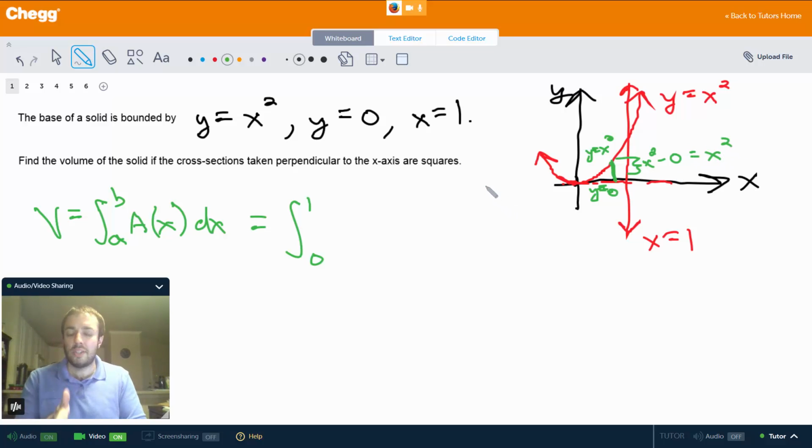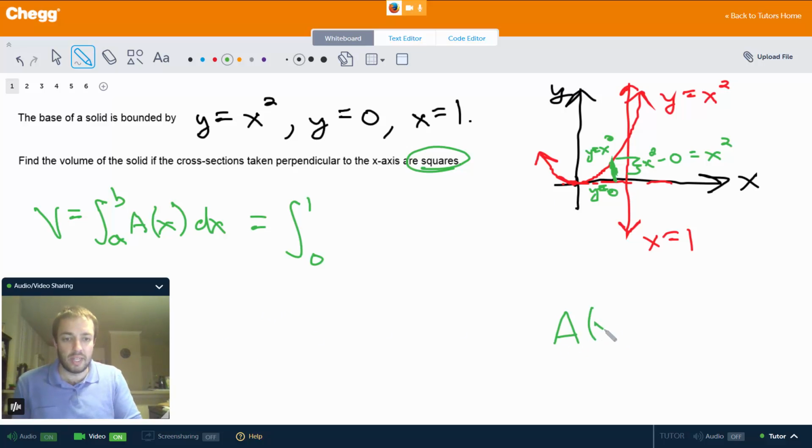So when we take a cross-section of our little solid here, this is the base of the cross-section, and the length of this base is x squared. We're also told that the cross-sections themselves are actual squares. If the cross-sections are squares, and we know the length of one side, how do we get the area?